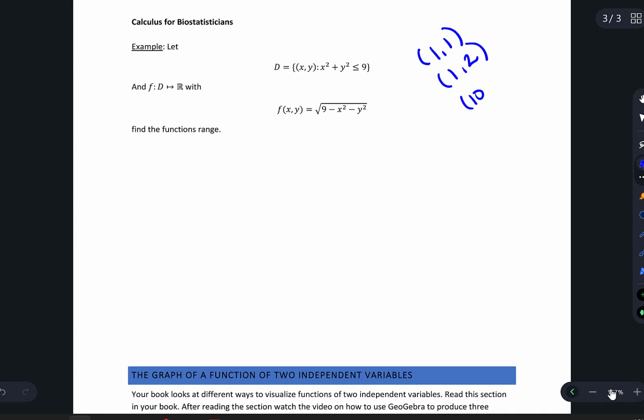But for example, the point 10, 1 would not be, because 10 squared is 100, plus 1 squared is 101, and that's obviously not less than or equal to 9. So any pair of numbers such that the first one squared plus the second one squared, if that total value is less than or equal to 9, those pairs are all going to be in our domain. And then here is our actual function.